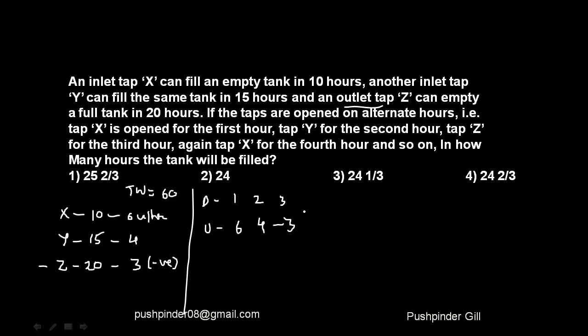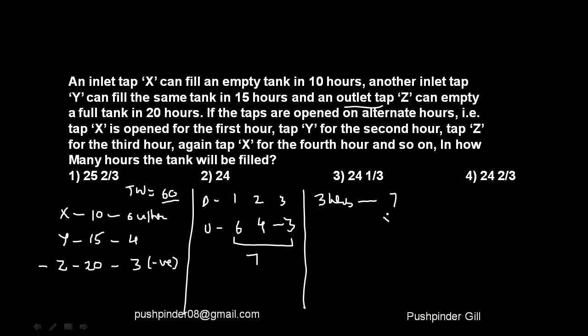So that means in a span of 3 hours, 7 units are filled, right? X is opened for the first hour, Y for the second, and Z for the third. So every 3 hours, he fills 7 units.